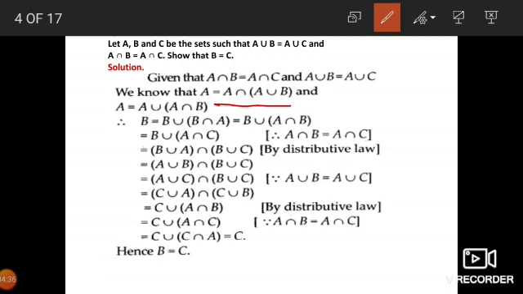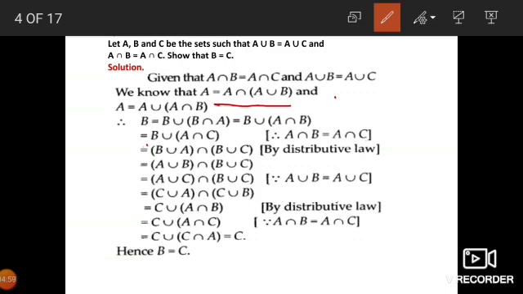Similarly, if you take the set B, you can write B equal to B union (B intersection A). So it can also be written as, since it is given in the question A intersection B equal to A intersection C, you have to apply those here.